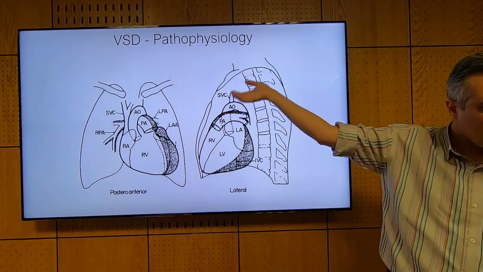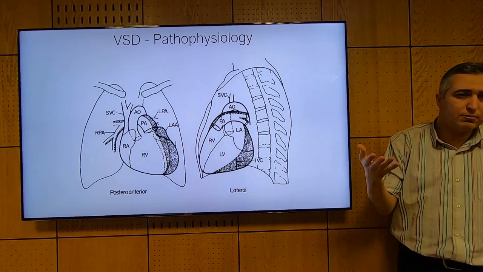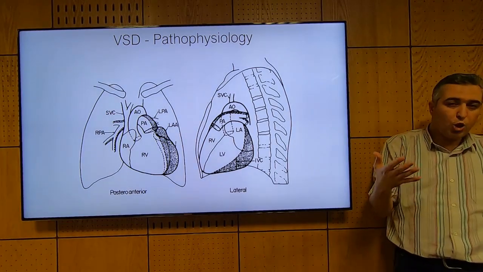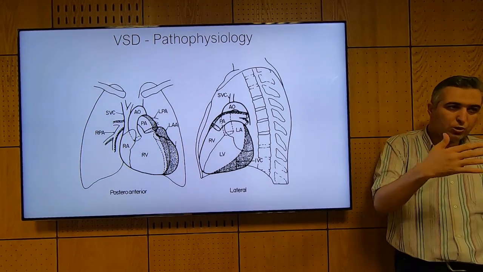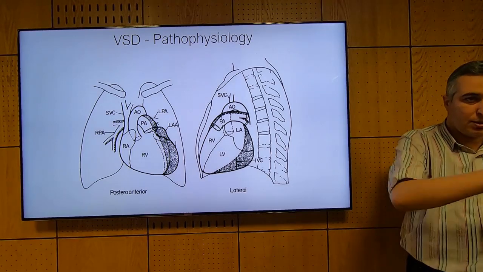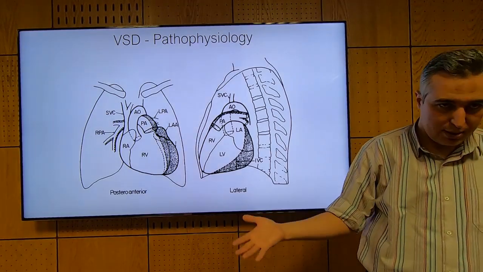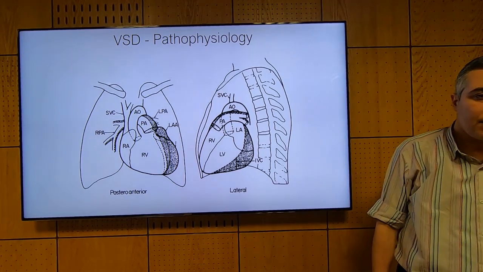Then you call that a reversible increase in the pulmonary vascular resistance, and then you probably will be able to close it. We measure pulmonary vascular resistance as Wood units. Since Wood units depend on the size of the patient, you index that to body surface area. So you get Wood units per meter square body surface area. That's indexed pulmonary vascular resistance.